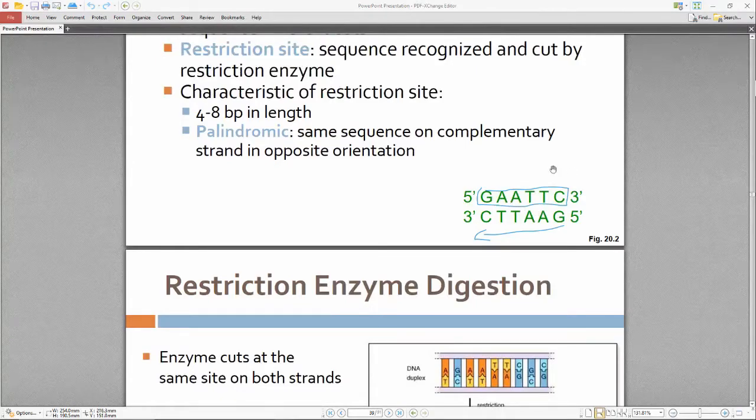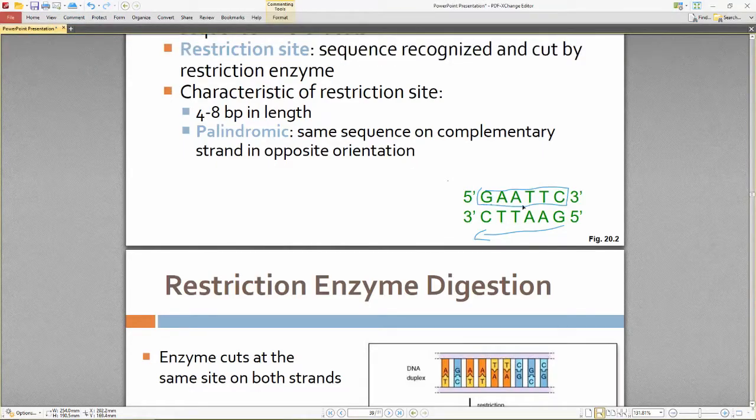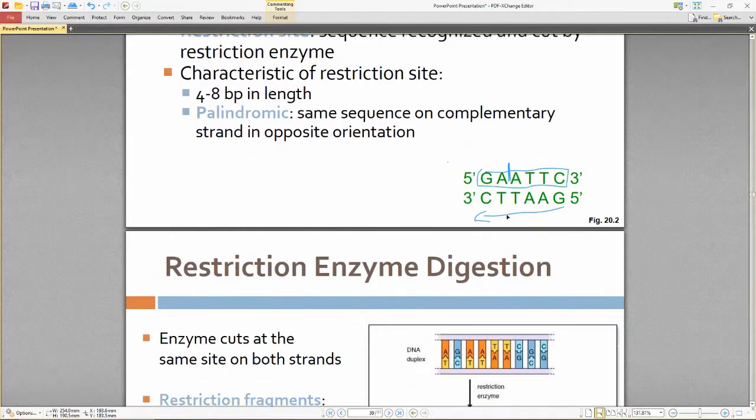If we have a restriction enzyme that's going to cut this strand, let's say, between these two A's. So if it cuts between these two A's on, we'll call this the top strand, then on the bottom strand, it won't cut here. That doesn't mean same site.